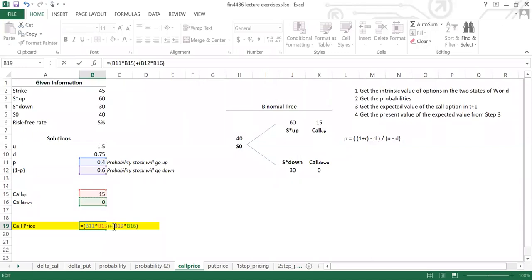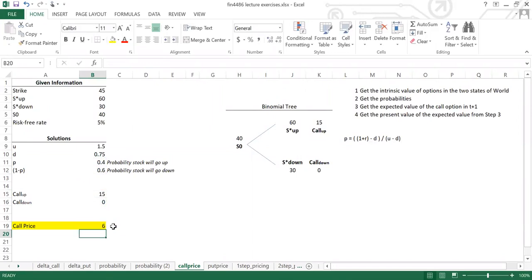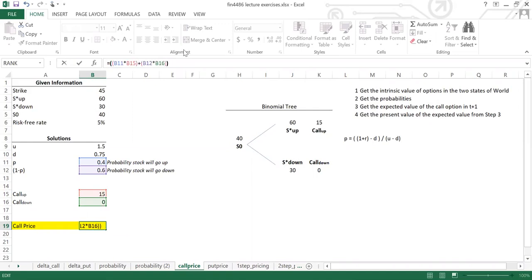And if we just stop it there, this is the expected value of the call option in the period 3 months from now, 1 week from now, whenever the end of this step in the tree is. And then what we do is we get this whole thing and we divide it by 1 plus R.